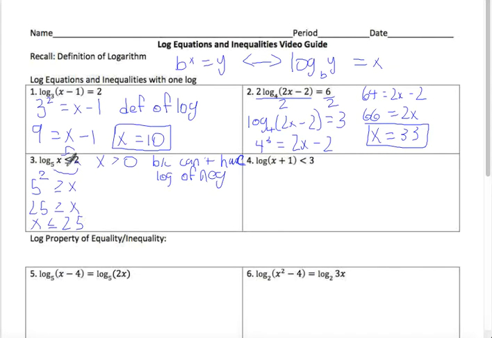And notice here the sign switched because I put the 5 squared on the right side instead of the left side. So x must be less than or equal to 25. x also must be greater than 0. So altogether the solution would be 0 is less than x, which is less than or equal to 25.